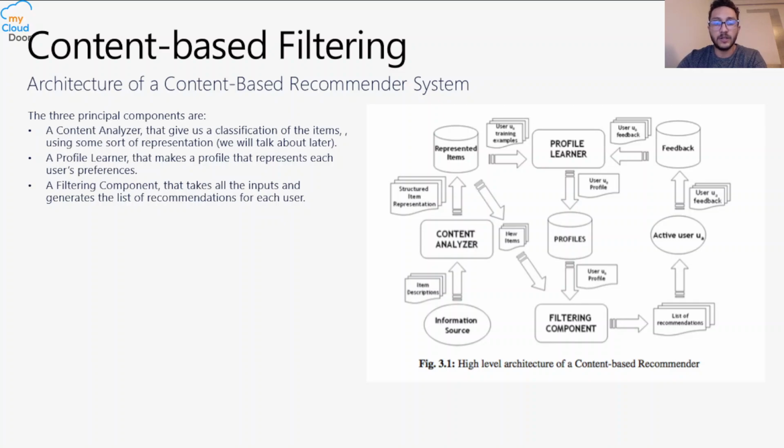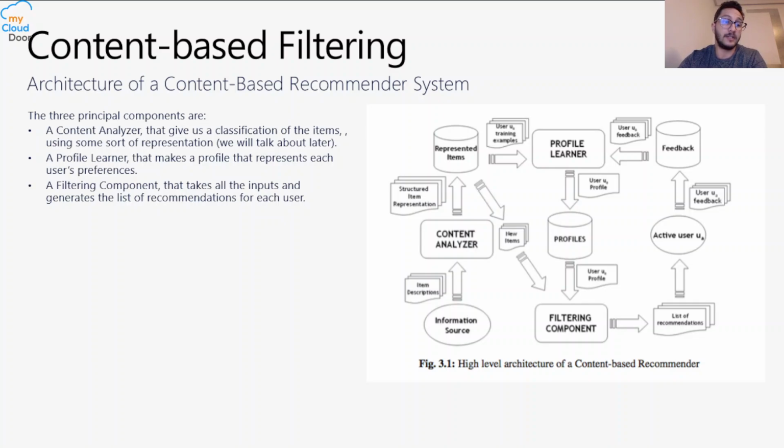If we are doing a simpler, much smaller scale recommendation system, we wouldn't find these three components. This is the architecture of a big scale recommendation system. So keep that in mind.